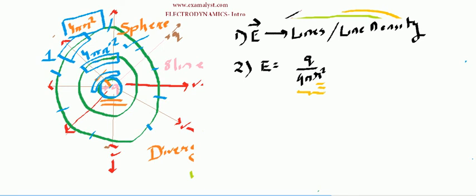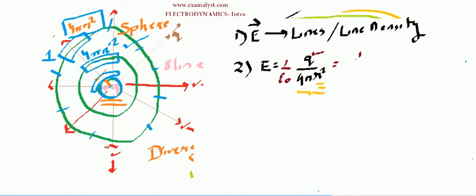So when we go to a bigger sphere, the electric field is less, and if we put this particular charge in a surrounding, then a particular number given to the surrounding also dictates the value of the electric field. That number is epsilon for any other surrounding and epsilon naught for vacuum.